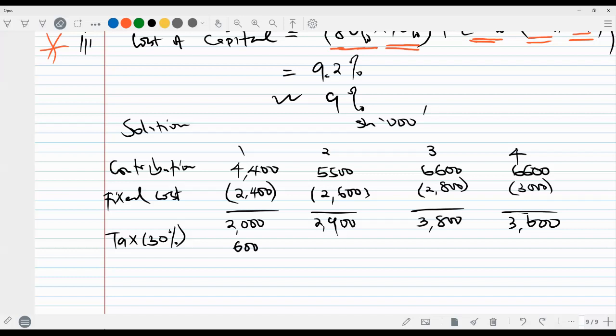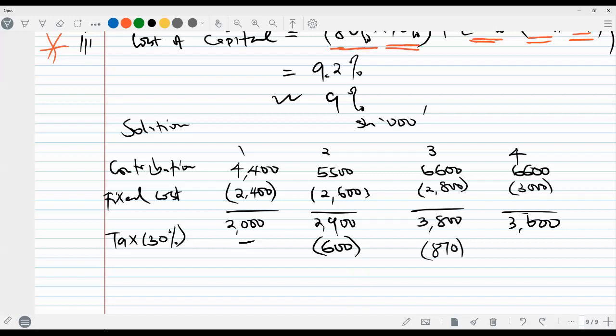However, the tax is paid in arrears. So the tax for year 1 is paid in year 2, which is 600,000. The tax for year 2 is paid in year 3, that is 30% of 2.9 million to give us 870.